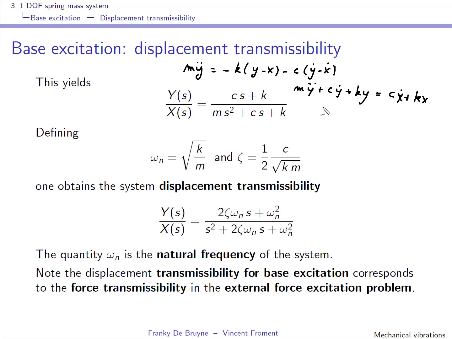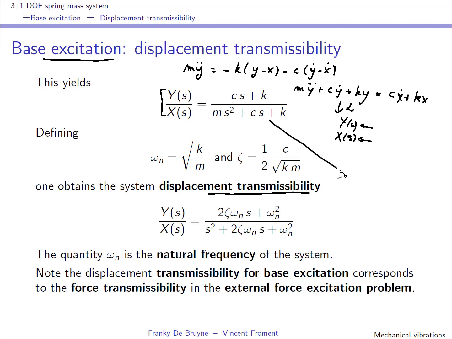If we go to the Laplace domain, you generate the variables y of s and x of s. X of s is the input, the base excitation, and y of s is the displacement of your mass. You can now compute a new transfer function, which we will call the displacement transmissibility, but in the case of a base excitation.